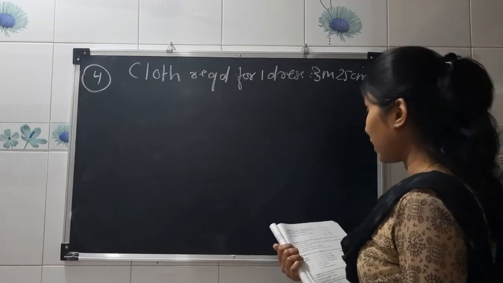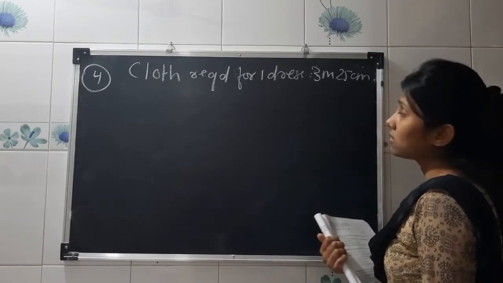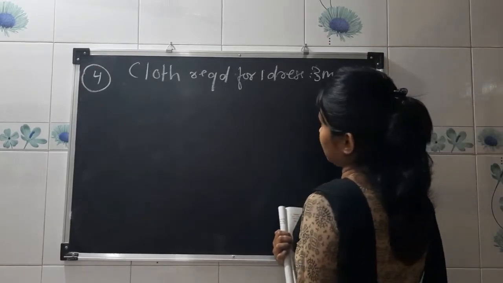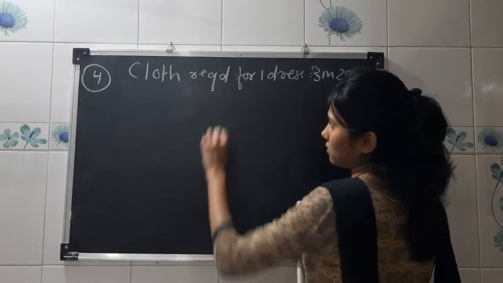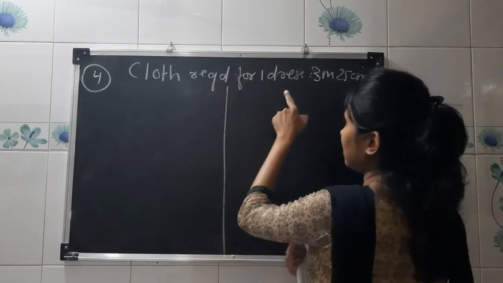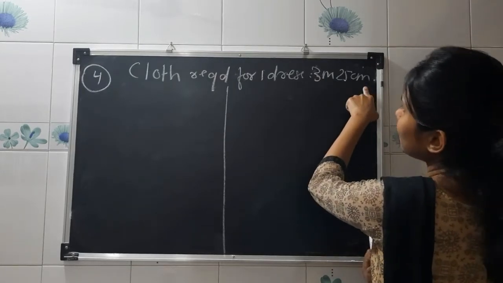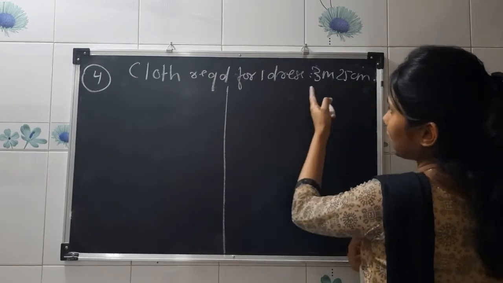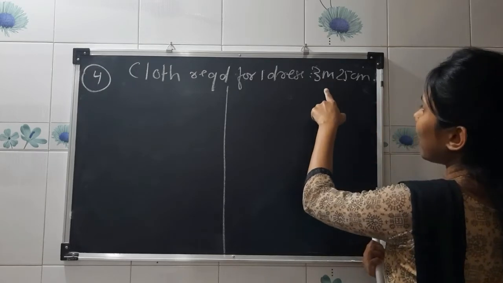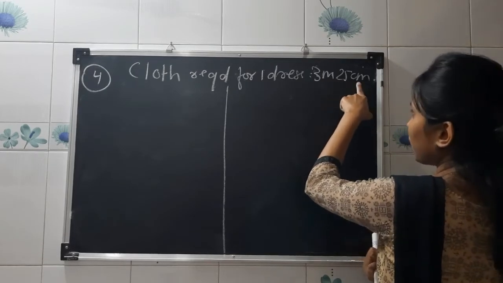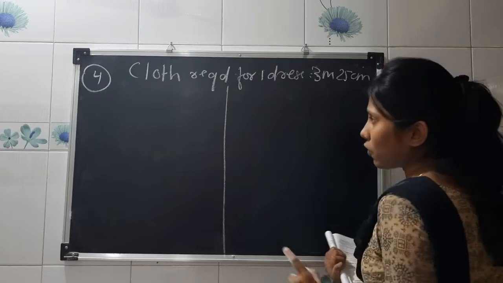We have to find out how much cloth is required for such 4 dresses. So there are 2 methods. You can either add 3 meters 25 centimeters 4 times, or you can multiply 3 meter 25 centimeter by 4.